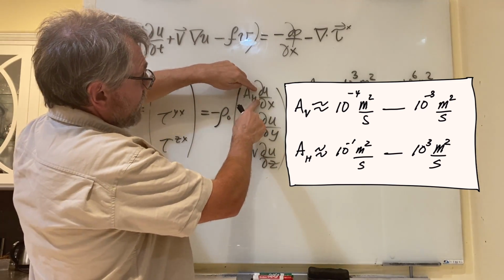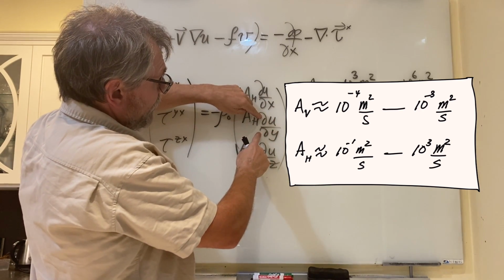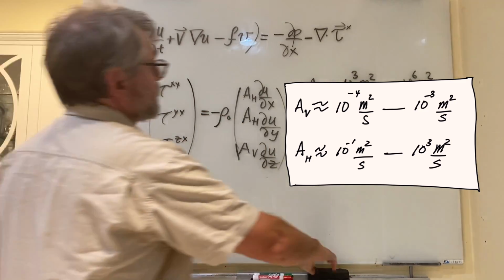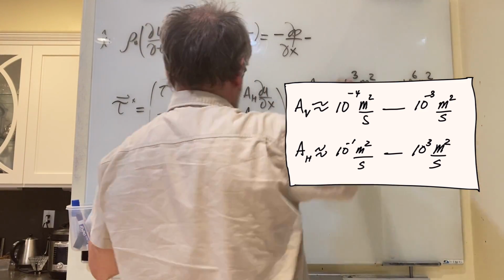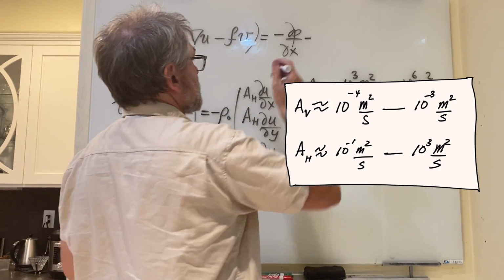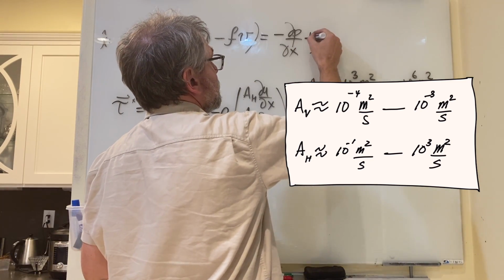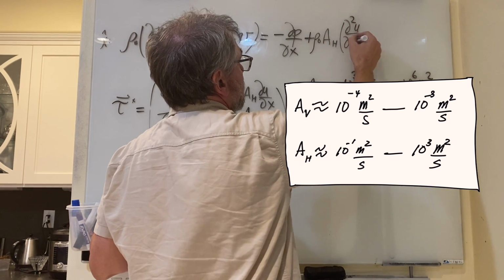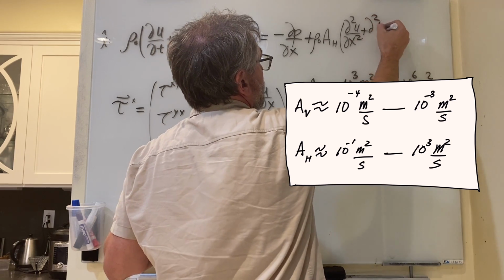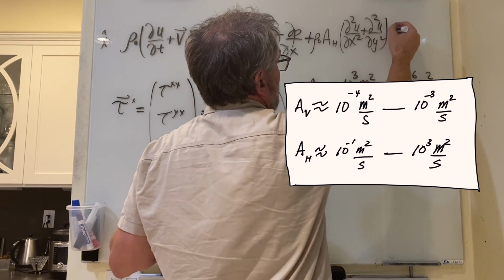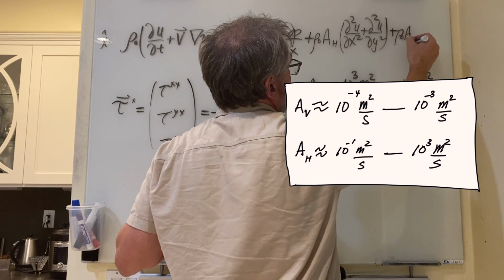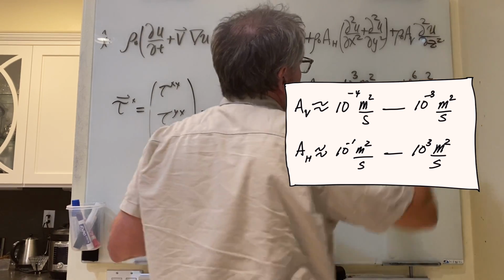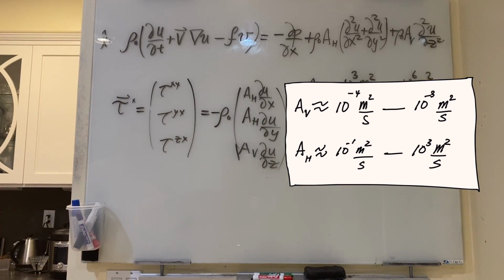What I'll get is the second derivative with respect to x, the second derivative with respect to y, plus the second derivative with respect to z. If I substitute that in here, the minus and the minus becomes a plus. I have rho naught AH times the second derivative of u with respect to x squared plus the second derivative of u with respect to y squared, and then plus rho naught AV times the second derivative of u with respect to z squared. All right, so that's my x momentum equation.